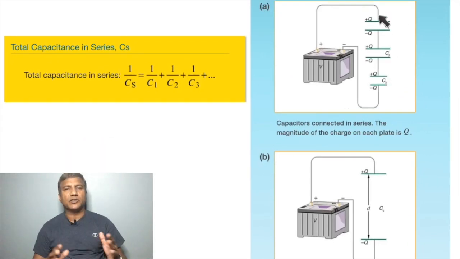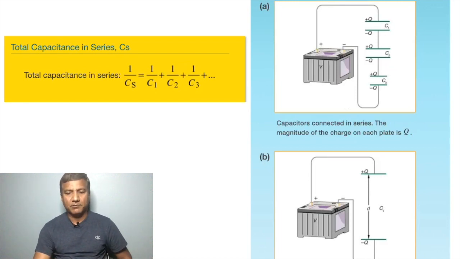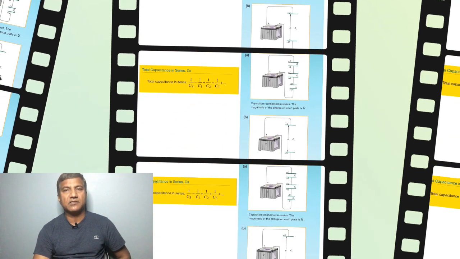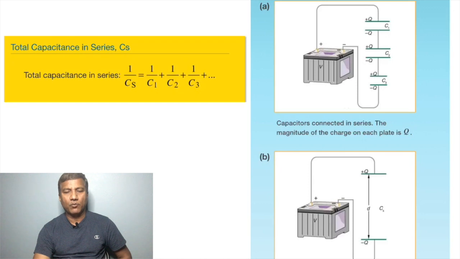Two ways in which capacitors can be combined. One, capacitances can be connected in series as shown in the diagram. You see three capacitors connected to a battery, but they are connected in series to each other. And when the capacitances are connected in series, the total capacitance is given by this formula. 1 over Cs is 1 over C1 plus 1 over C2 plus 1 over C3.